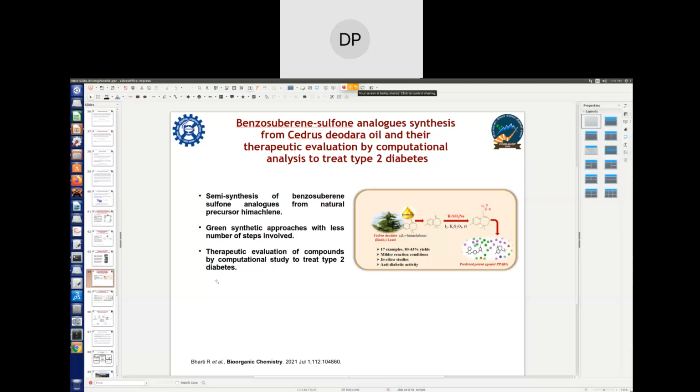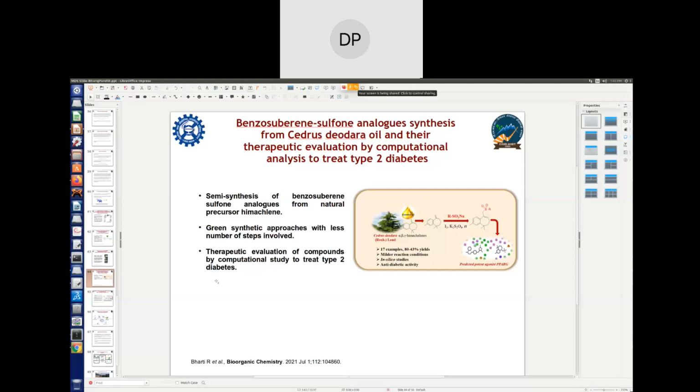They created a lot of derivatives from this backbone, and we found the most appropriate receptor for all these molecules. We found that they have very good affinity toward PPAR gamma, which has an implication in diabetes type 2.